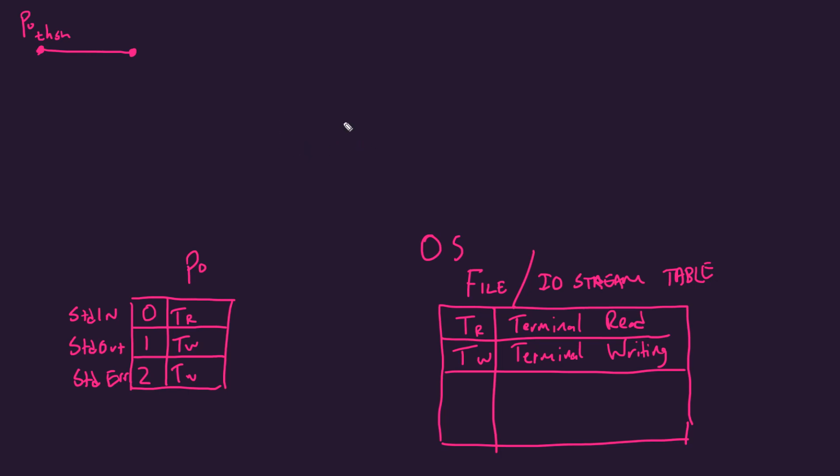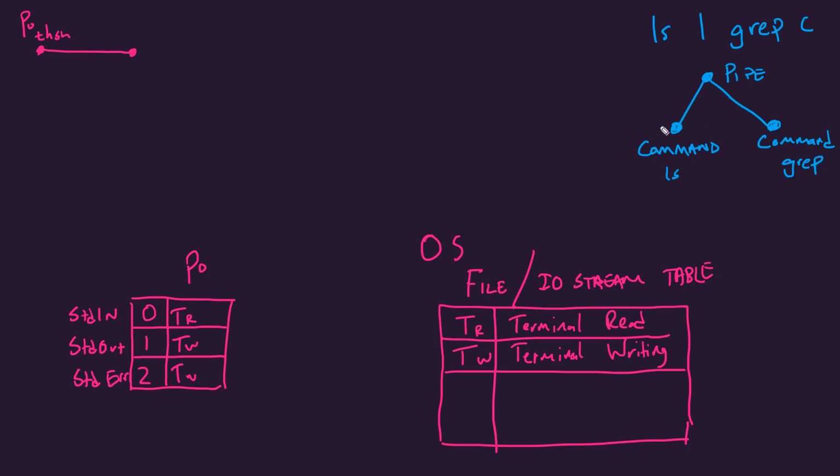So when we get a command, I'm going to change colors for our command here. Let's try using blue. Let's say the command is something like ls, and then we're going to pipe ls into grep for the letter C. The resulting parse tree of this is going to be a pipe node with two children: a left child, which is a command node for the ls command, and a right-hand side, which is another command node for the grep command.